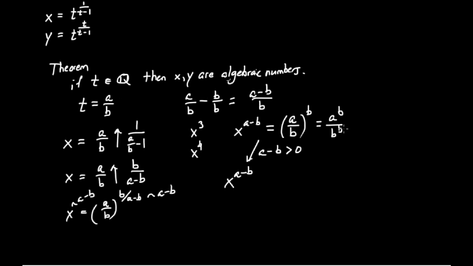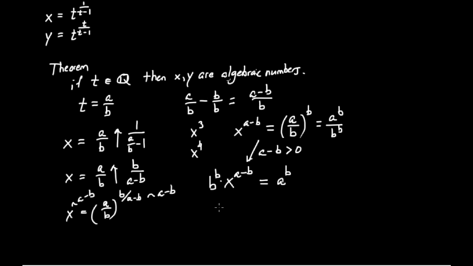I'm going to multiply both sides of this equation by b to the b power. So on the left here, I have b to the b power times x to some positive exponent is equal to what's left over here, which is a to the b power.